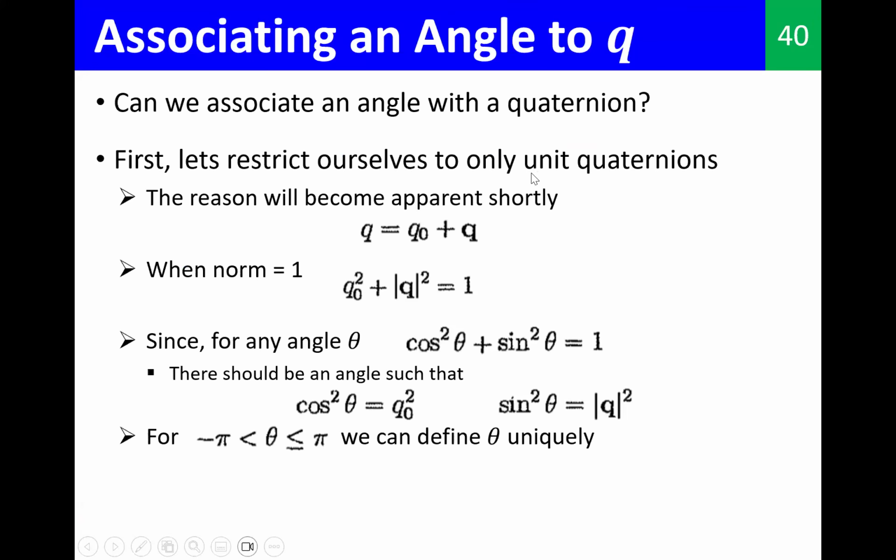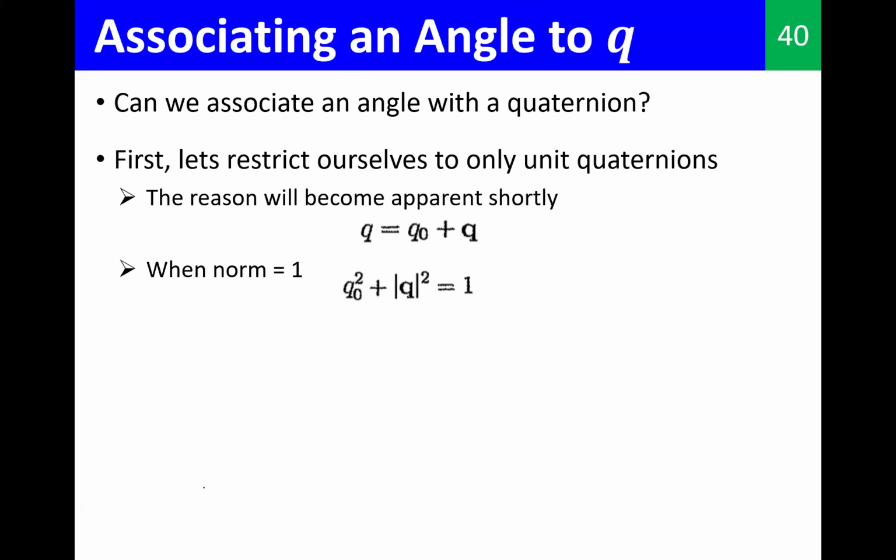Unit quaternions, right? And if the norm of the quaternion is 1, we can write this equation: q0 squared plus the norm of the vector part squared equals 1. So basically this was the equation we had before.